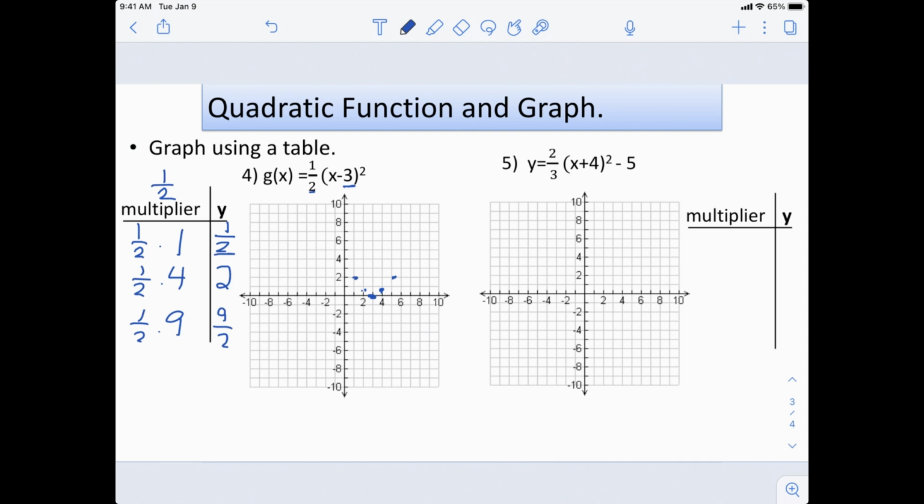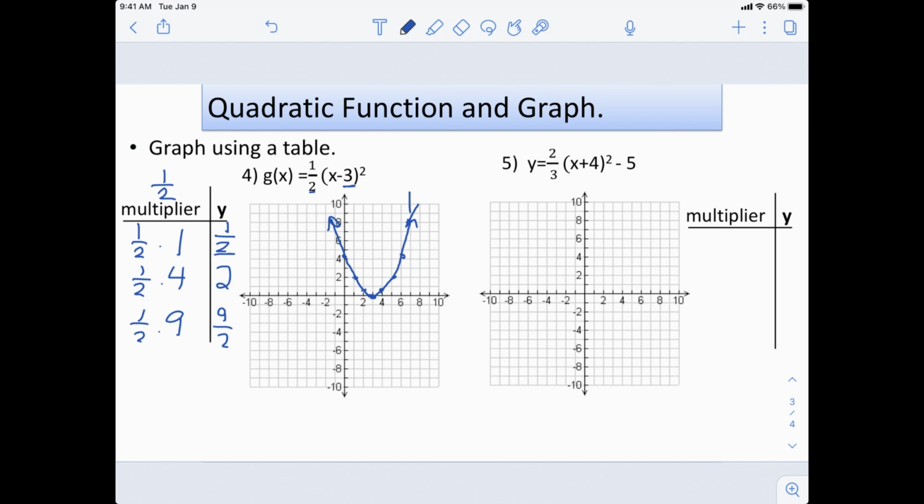So it's 1, 2, 3, 4.5. Remember, it's not going to go straight up like this. It's going out slightly. So it's a little wider than a regular parent graph.